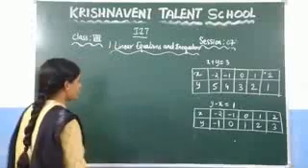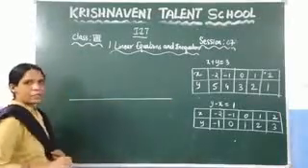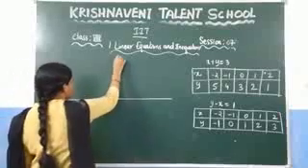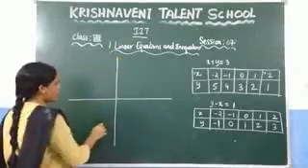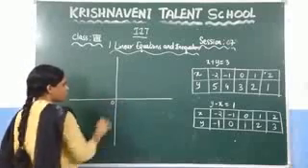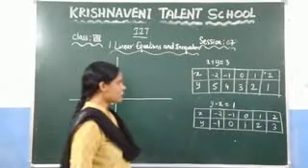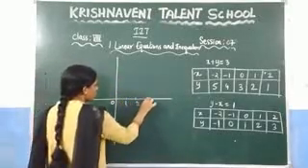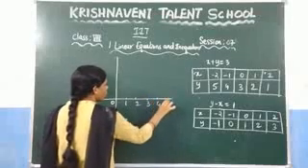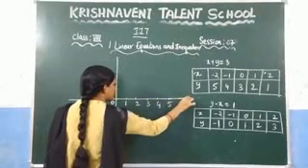For that reason, here you need to draw the x-axis and you need to draw the y-axis. You know that here there is 0, which is the origin. And here on the right side, mark the points, positive numbers 1, 2, 3, 4, 5, like this.